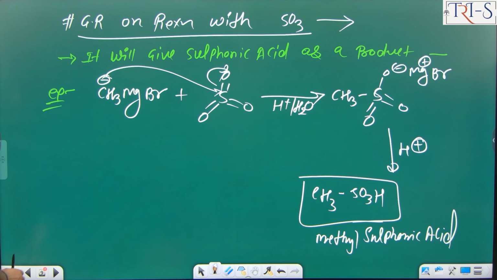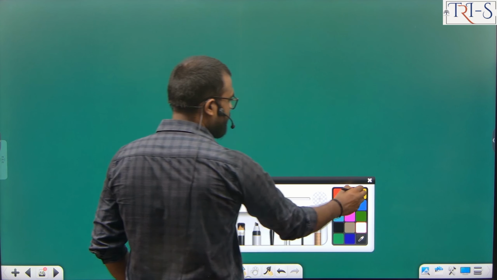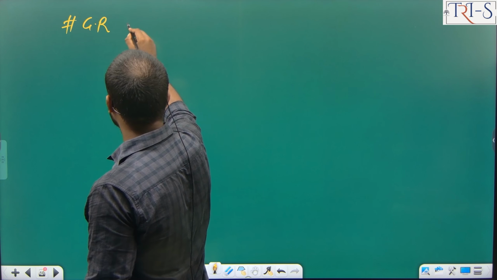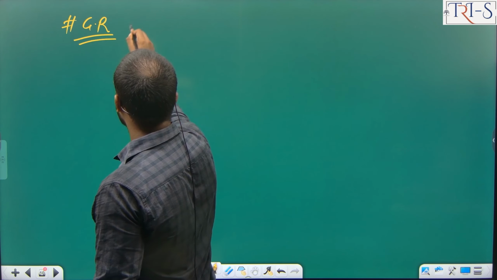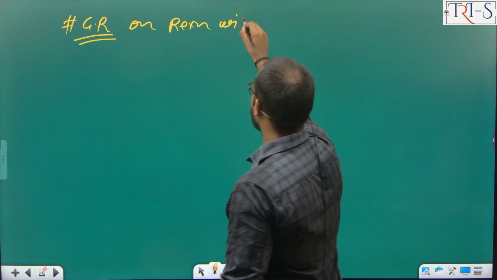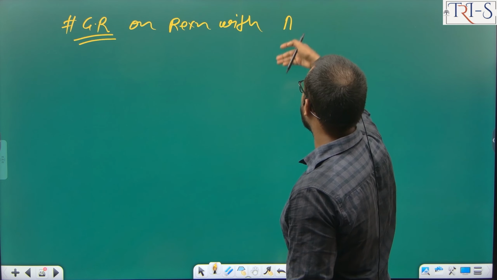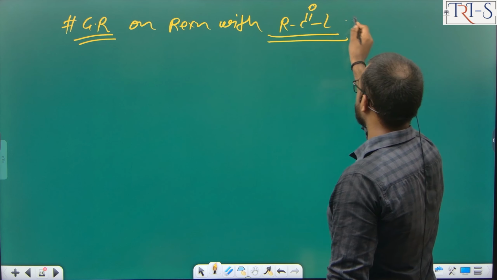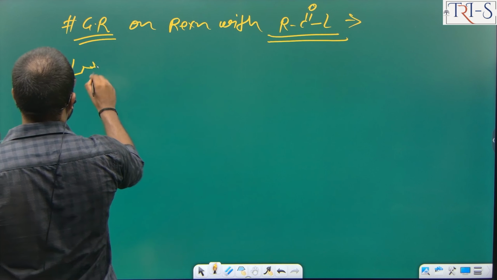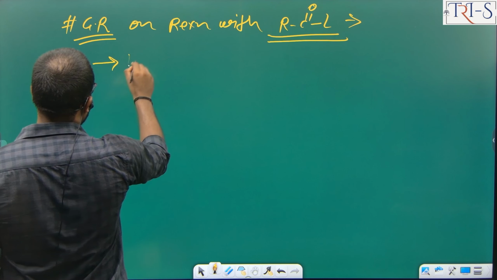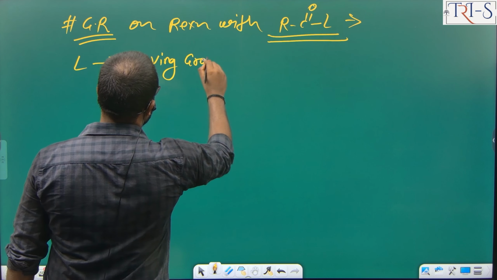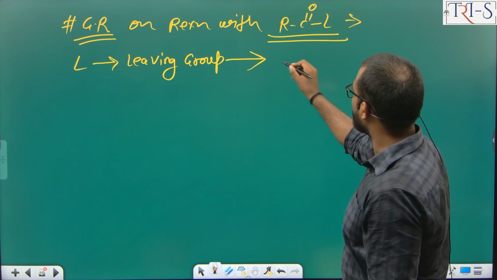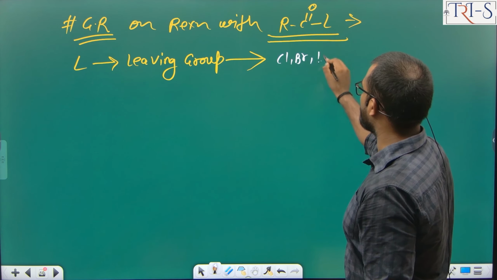Next, Grignard reagent on reaction with RCOL type compound, where L may be any leaving group. The leaving group may be chlorine, bromine, iodine.